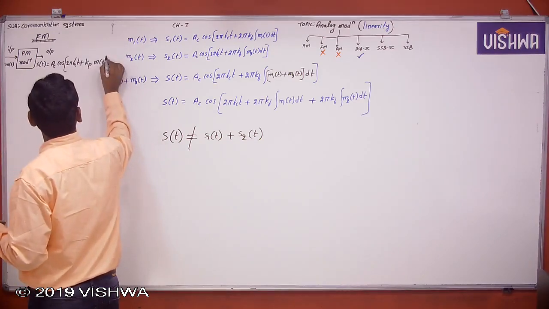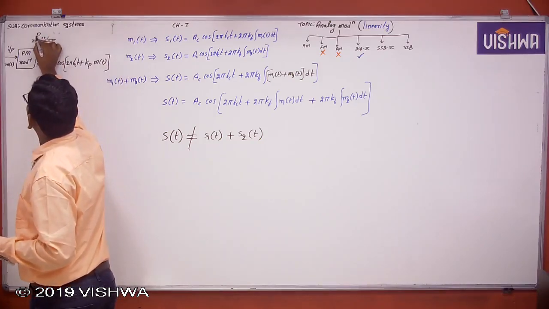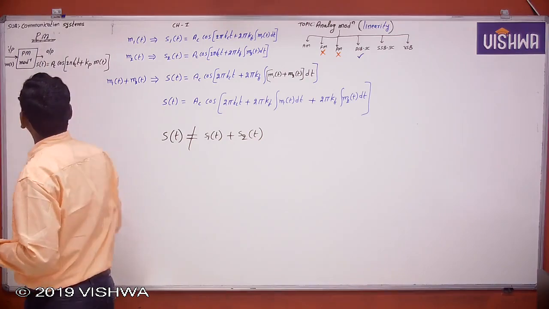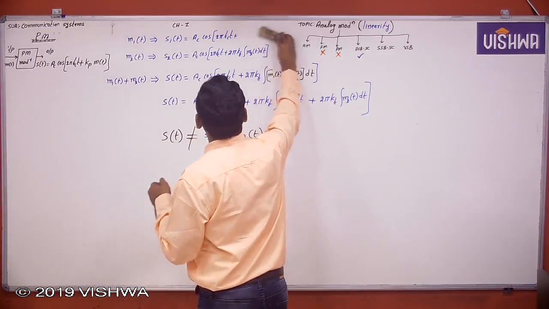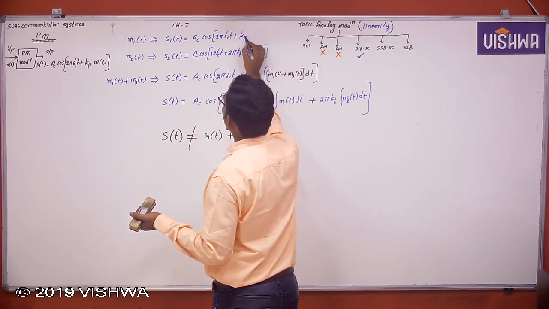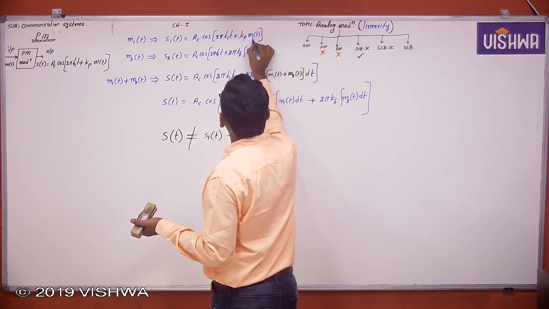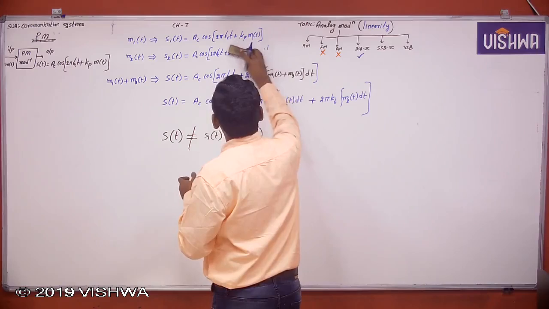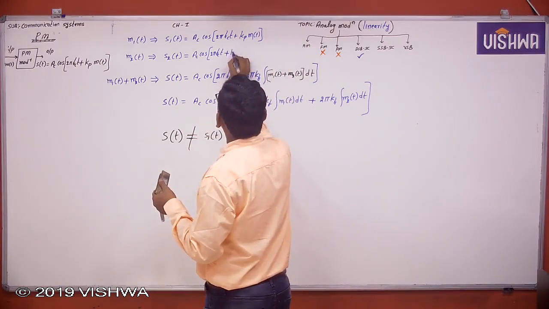This is PM signal. Okay, PM modulator. Therefore, Ac cos 2 pi fct plus Kp into m1 of t plus Kp into m2 of t.